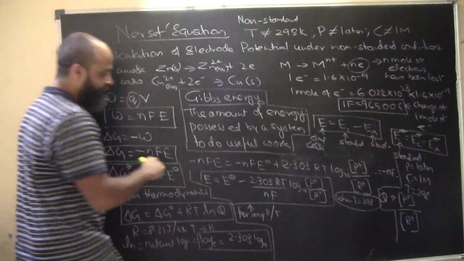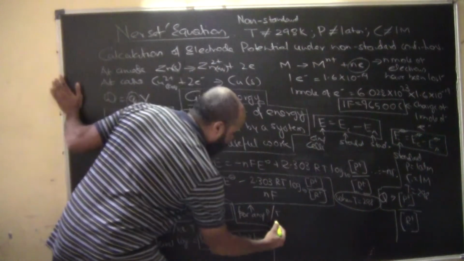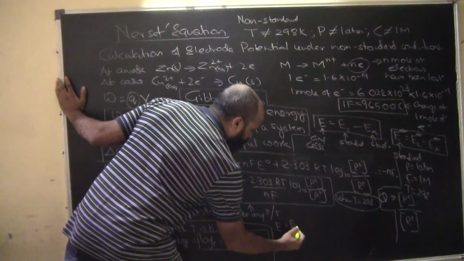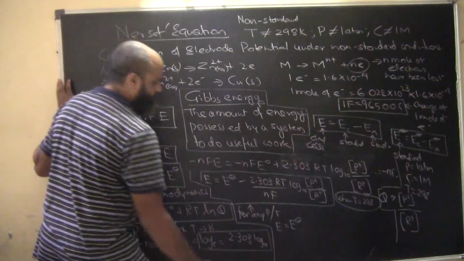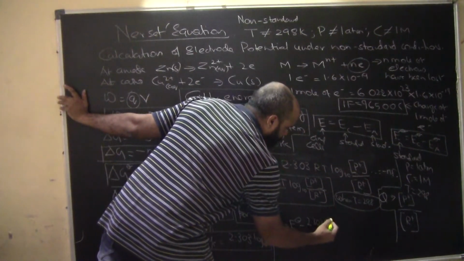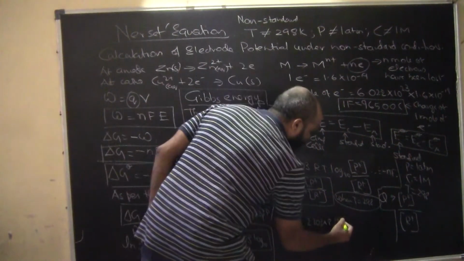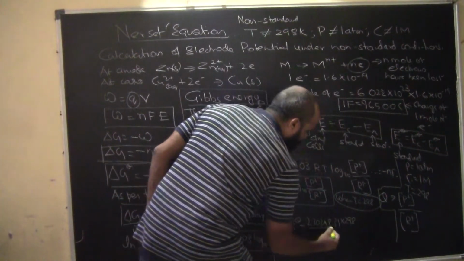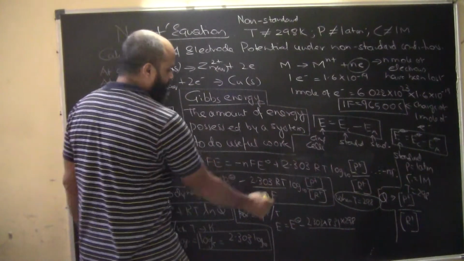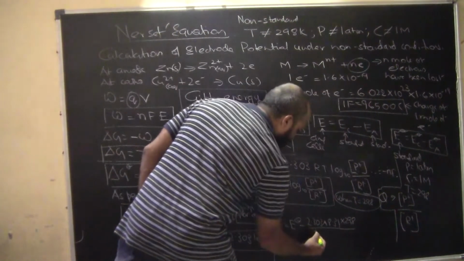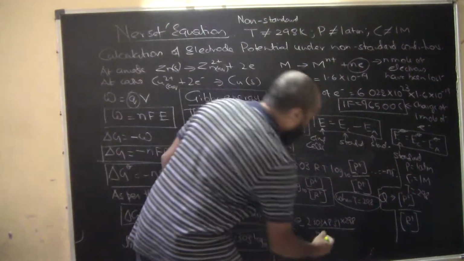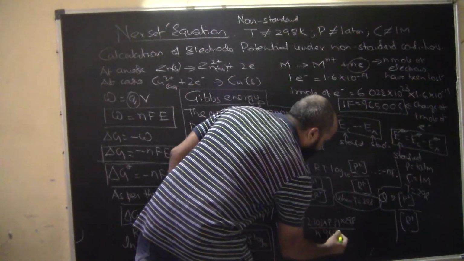Now in case the temperature is 298, then what will happen? The EMF of any cell will be equal to EMF of the standard cell minus 2.303 into 8.31 into 298 upon N F. N is the total number of electrons lost in oxidation, and F becomes 96500.